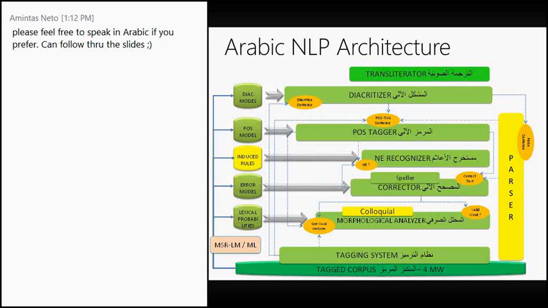Common Arabic mistakes come from wrong writing of initial hamza, ta marbuta, and ya in Arabic words, and about 95% of Arabic mistakes are common mistakes. So the autocorrector gives you the automatic correction for this.